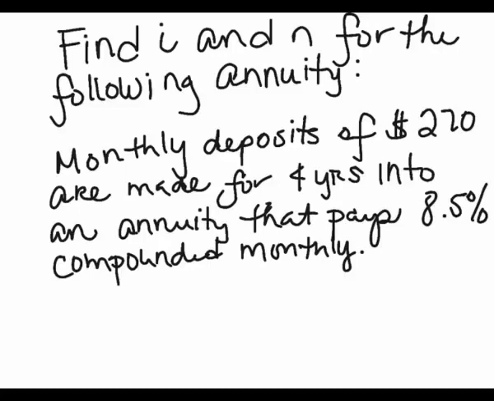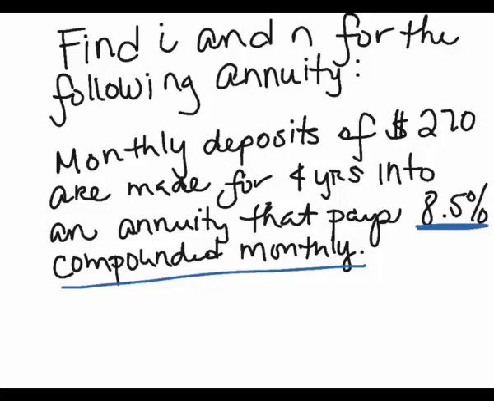Okay, so let's look at this problem. I want to find I and N for the following annuity. You're making monthly deposits of $270, and they're made for 4 years into an annuity that pays 8.5% compounded monthly. You know your rate is 8.5%, but remember you can't present it that way.